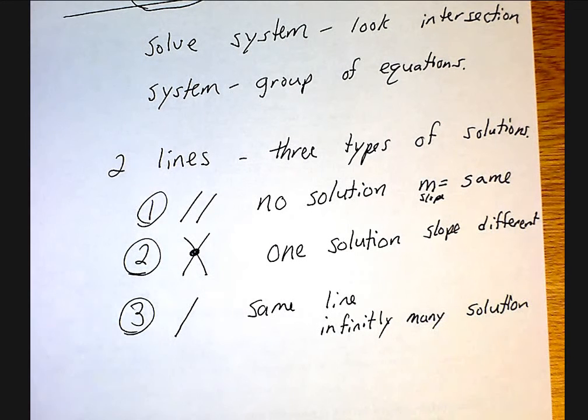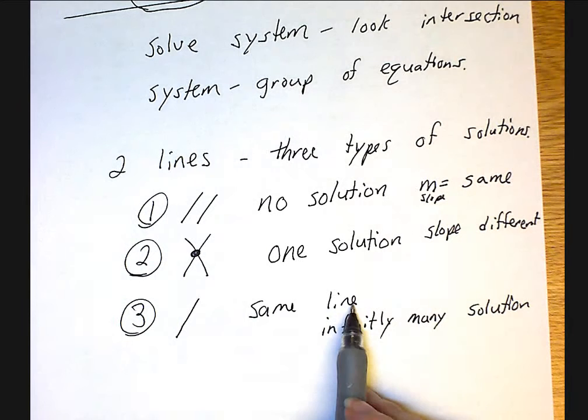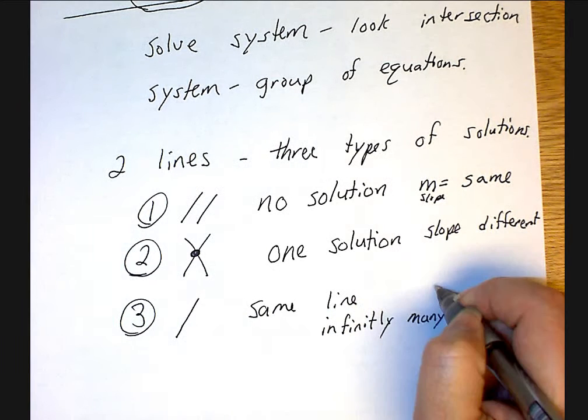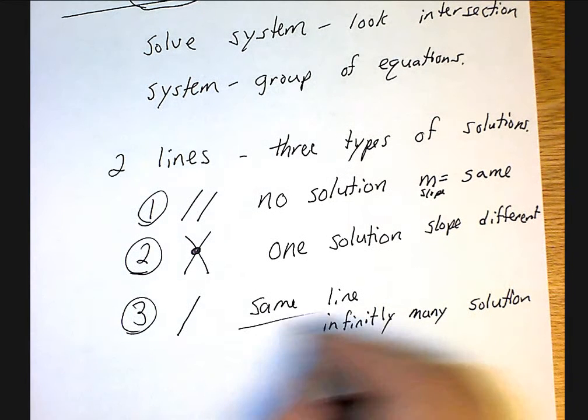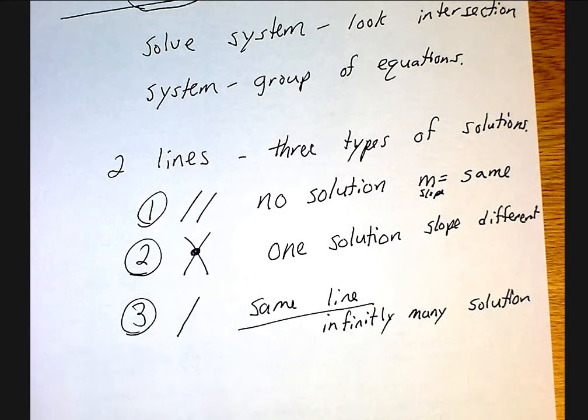And just so you know, if you have the same line, that means both of them will have the same slope and the same intercept, right? Because that's what a same line is. It's the exact same thing. So when you get it to the y equals mx plus b, it will look the exact same.